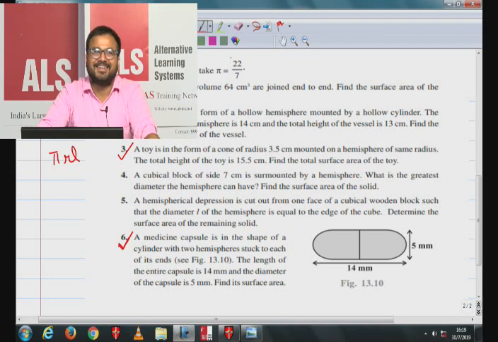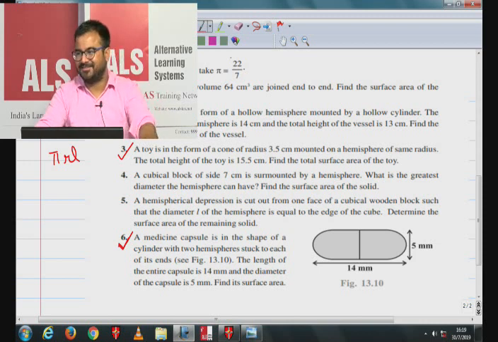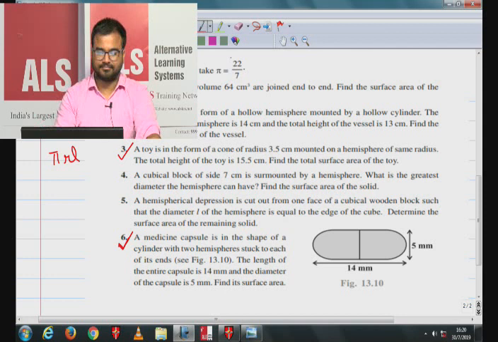Sixth one. Third, who will do it then? Try third. That's right, Tamenglong. Perfect answer. 214.5. So I hope the question number 3 and 6, all of you have done.